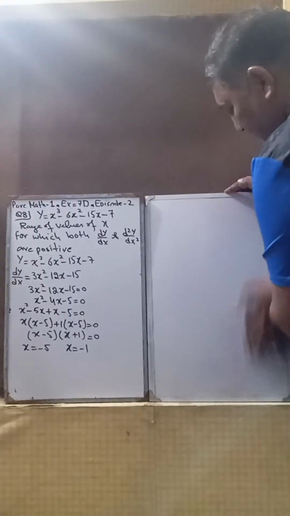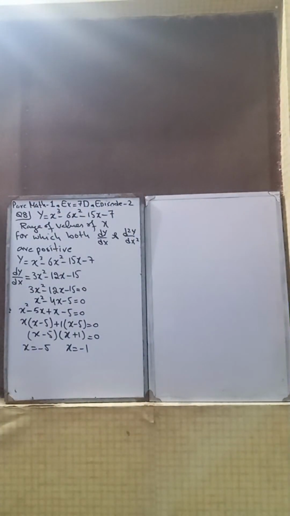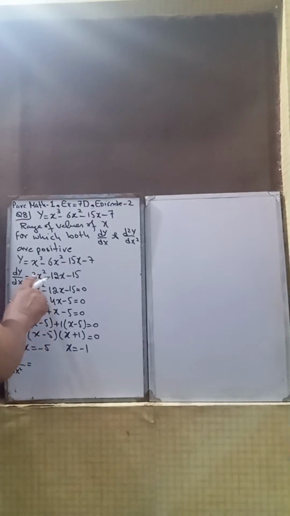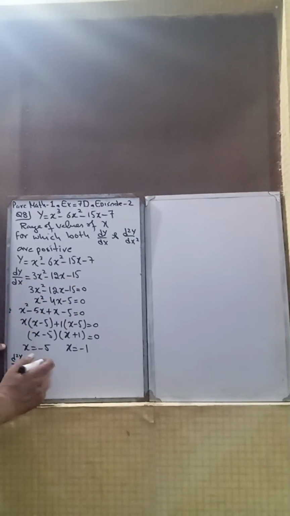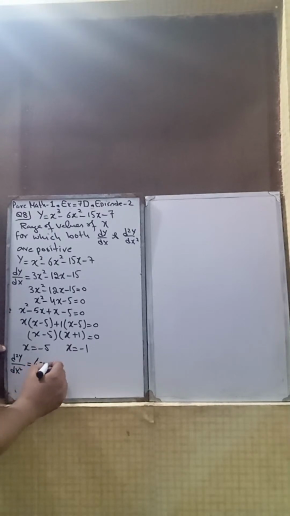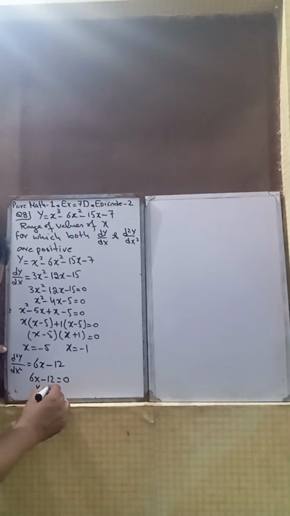Then I will find the second derivative. d square y by dx square will be, from the first derivative, 6x minus 12. So I will make 6x minus 12 equal to 0, so x equals 12 divided by 6, that is 2.